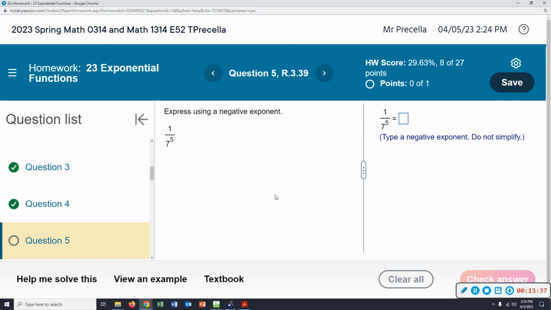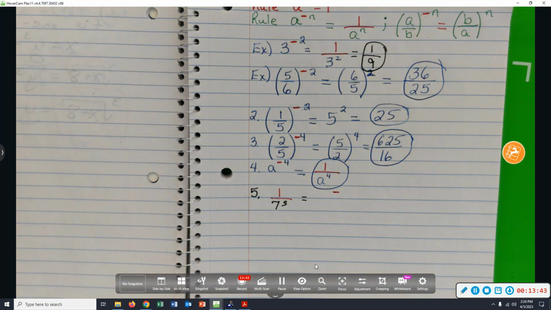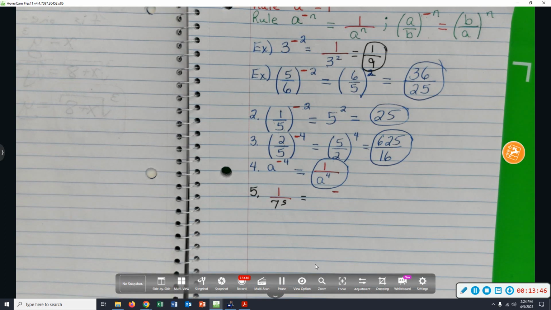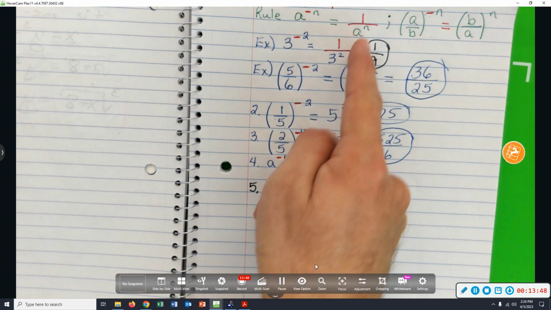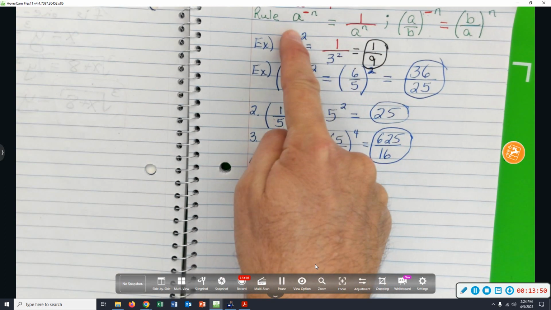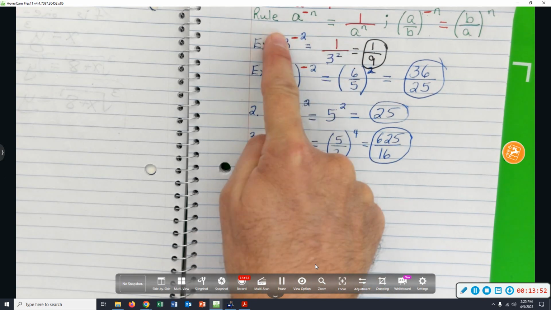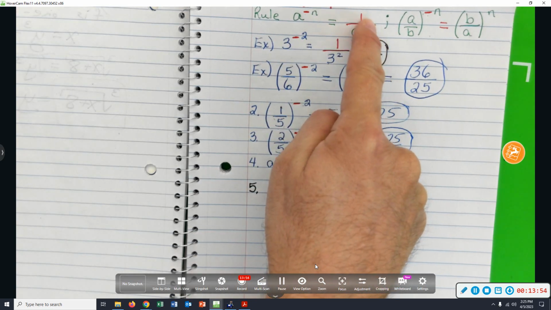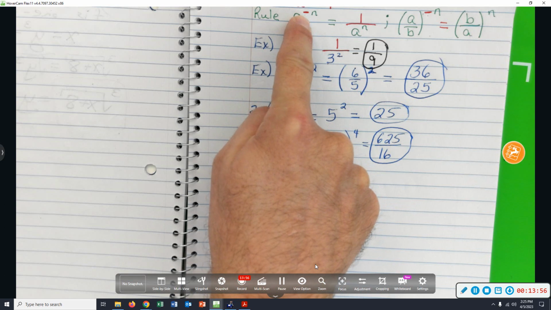And we're going to write it with a negative exponent. See, basically we're using this rule going in reverse.